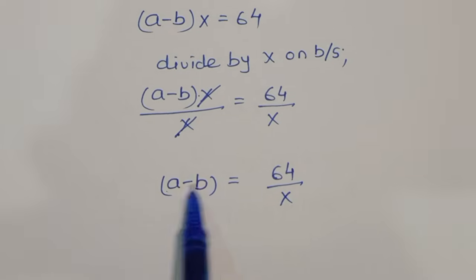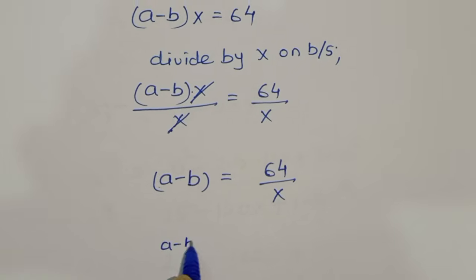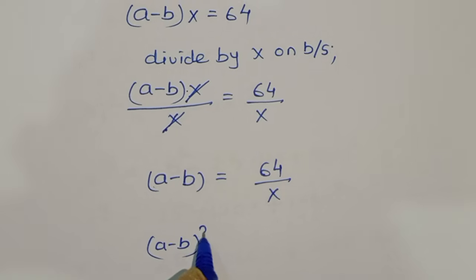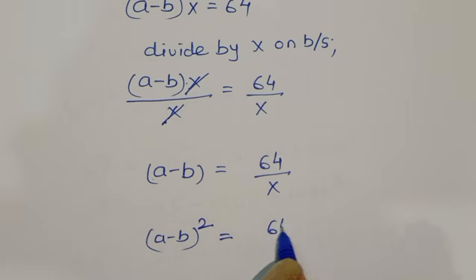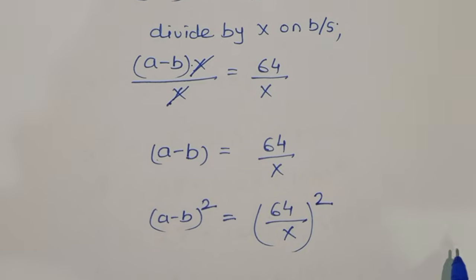Now this is a minus b, so we can take the square on both sides to simplify this. So a minus b whole square is equal to 64 divided by x, the whole square, right?